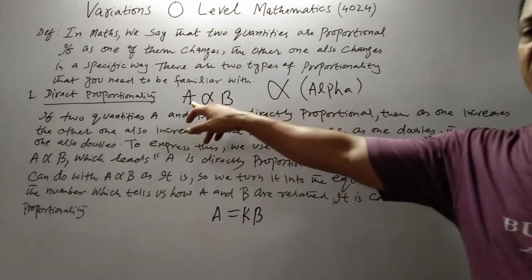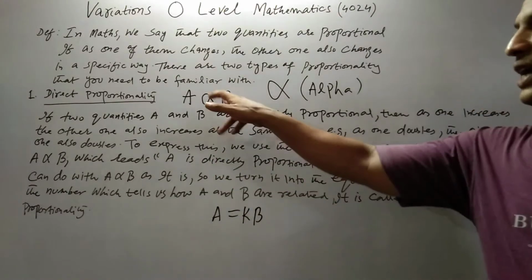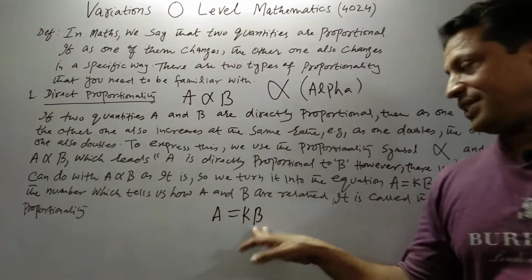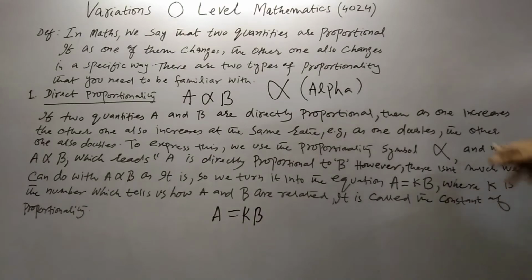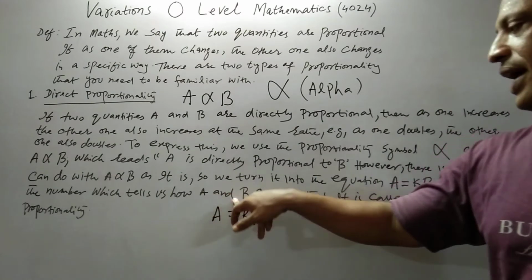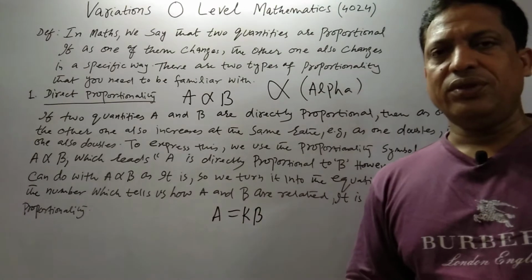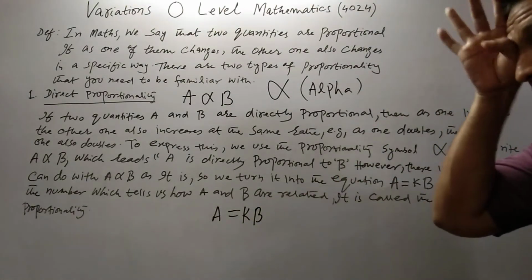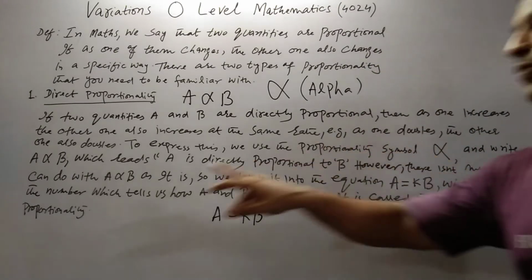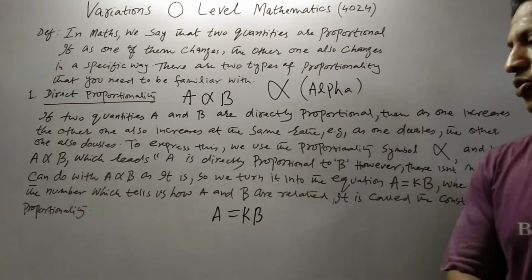Now this proportionality, A is directly proportional to B, becomes A equals kB. But what actually is k? Where k is the number which tells us how A and B are related. So k gives you the relation between A and B. It is called the constant of proportionality.